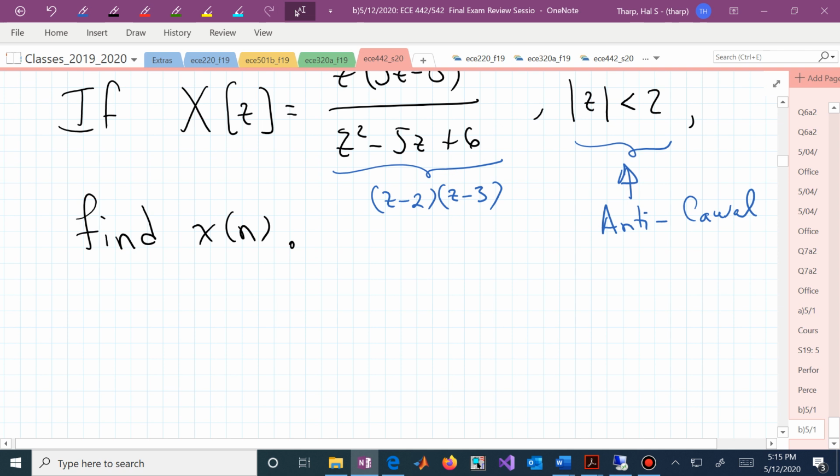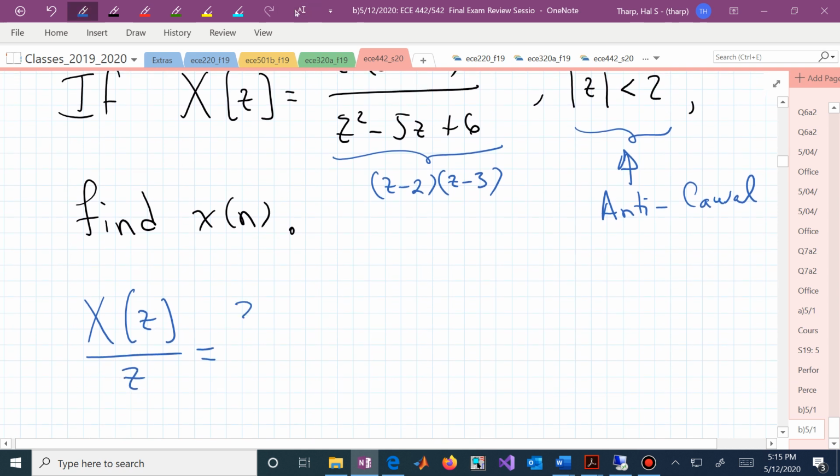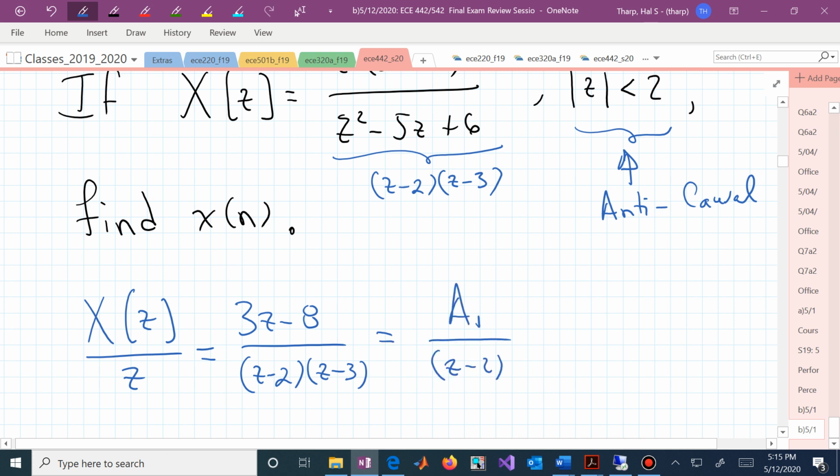Using partial fraction expansion, we can now find how these modes are weighted in the time domain. Maybe I'll just write that in factored form, so that we have a1 over z minus 2 and b1 over z minus 3.